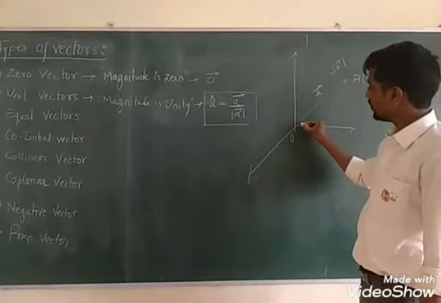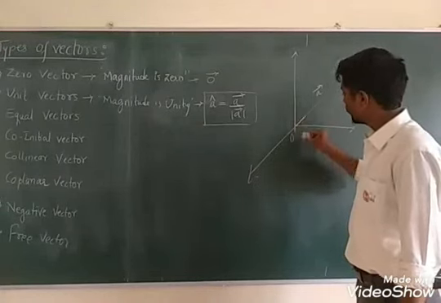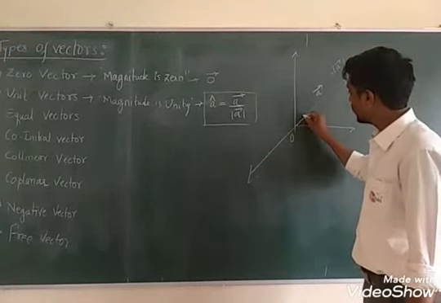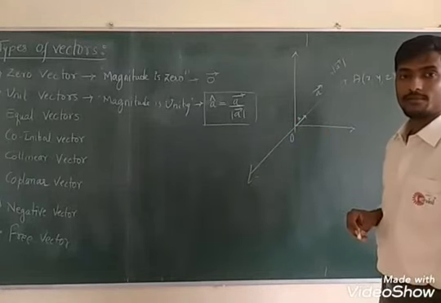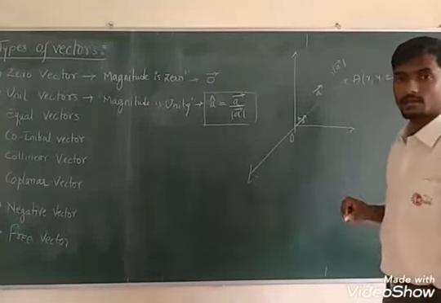Suppose there is a vector acting along this vector, and its magnitude is 1. So we are representing the unit vector here.